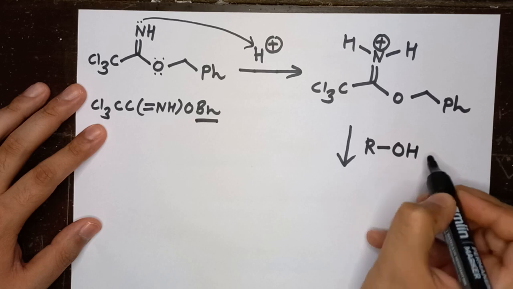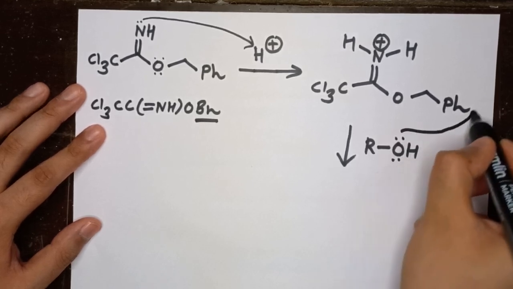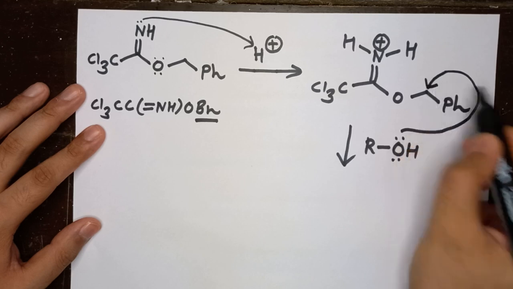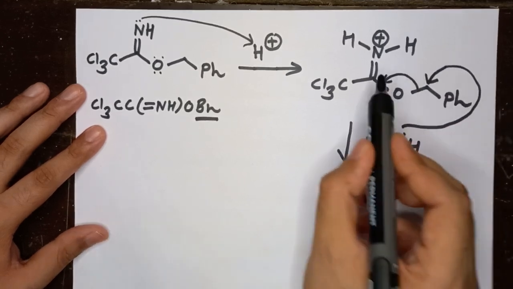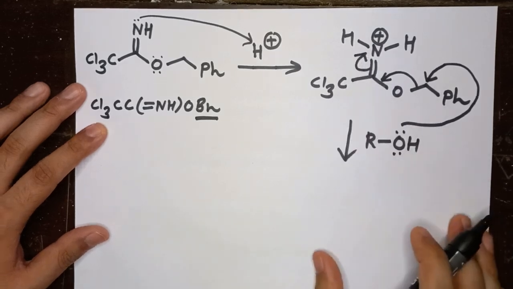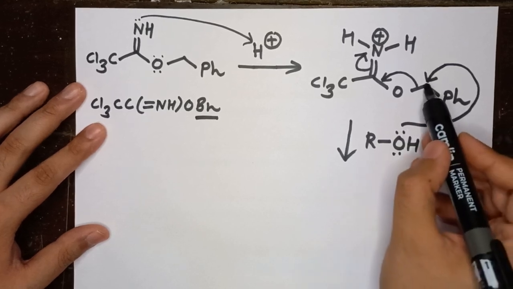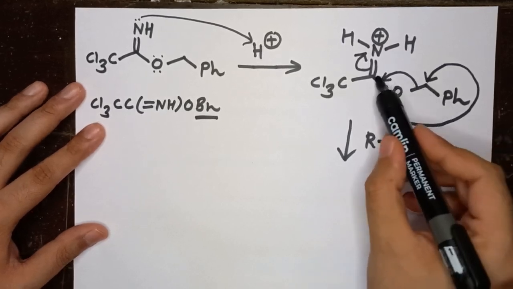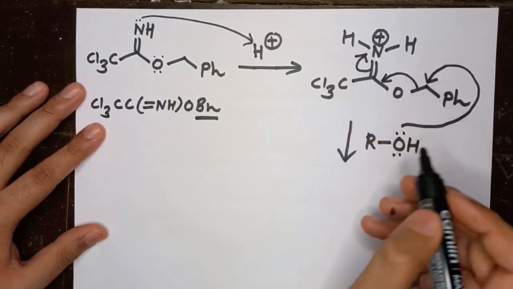And if I am reacting this particular intermediate with my alcohol functional group, then this oxygen lone pair will attack at this carbon. This C-O bond will form a double bond here and this nitrogen will get neutralized. So this oxygen lone pair is attacking at this carbon, this bond is breaking and forming a double bond here, and this nitrogen is getting neutralized.